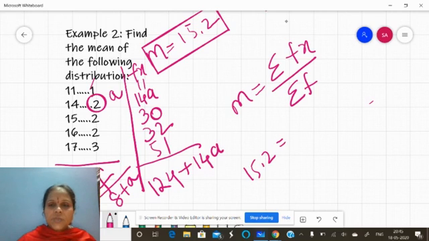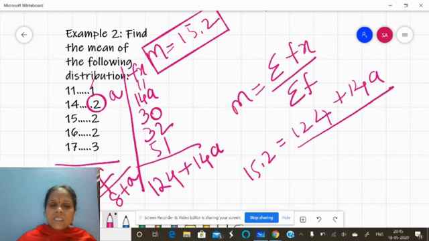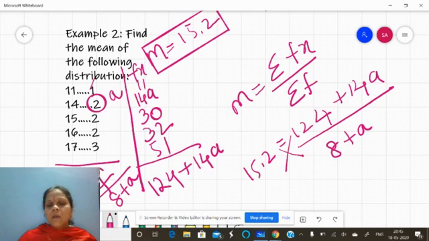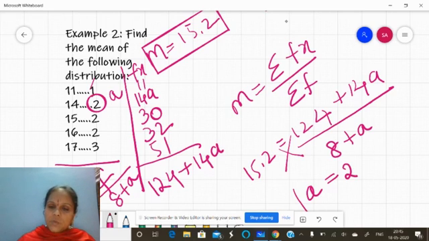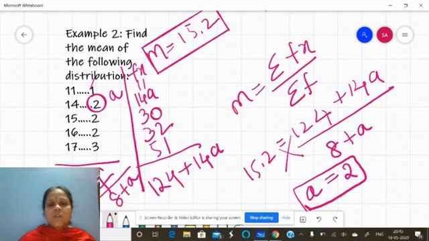It is 15.2. And what is sigma fx? 124 plus 14a by sigma f, which is 8 plus a. So now when doing this calculation, first I have to do the cross multiplication and bring all like terms one side, and then I'll be getting the value of A as 2. So this is how I calculate the missing frequency for the given frequency table.